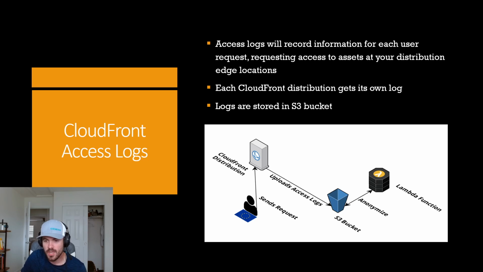If you want to anonymize your logs, you can use a Lambda function to do something to those logs, maybe for analytics, or for security and compliance. But the key takeaway is that you can log user access to your CloudFront distribution so you can see what's going on, how they're accessing it, and things of that nature.